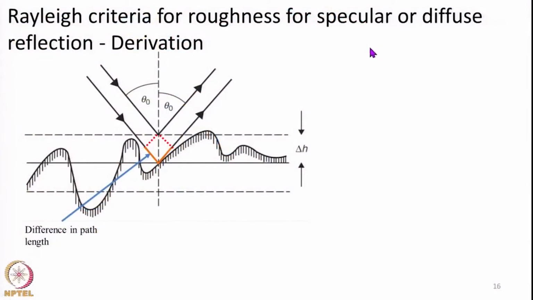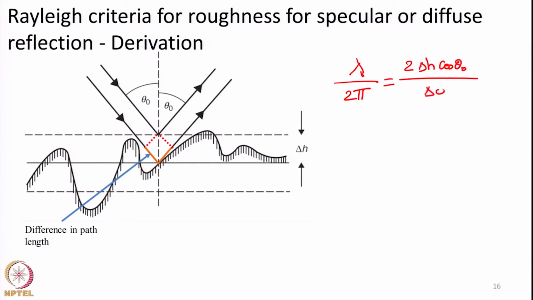That is what we are going to calculate as the next step. For a wave with wavelength lambda, or a distance of full wavelength lambda, the phase is 2 pi. Now our distance is 2 delta h cos theta naught.